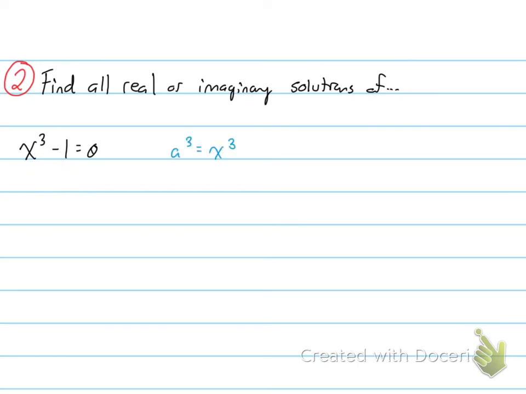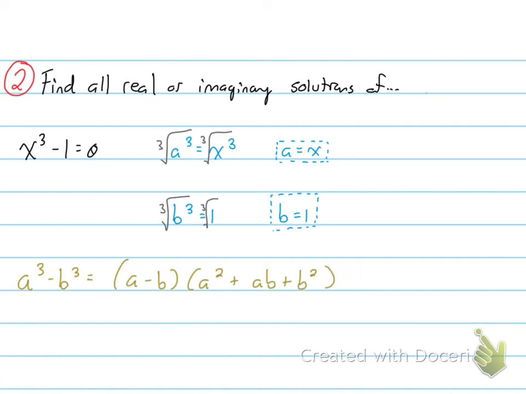A cubed is equivalent to x cubed, so that would mean that a is equal to x. B cubed is equal to 1, so taking the cube root there, b is equal to 1. Now I'm going to use x as a and 1 as b in the a cubed minus b cubed format, since I have a difference of cubes here. When I plug that in, I'm going to get x minus 1 times x squared plus x plus 1 equals 0.